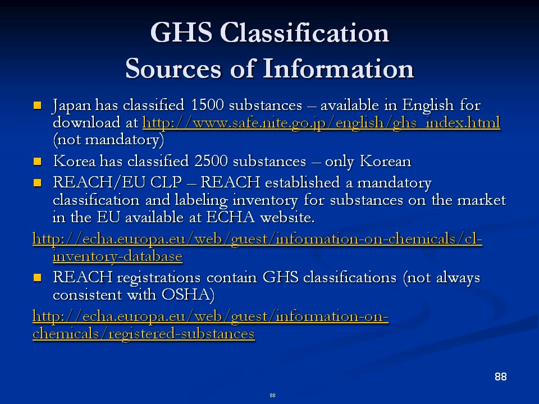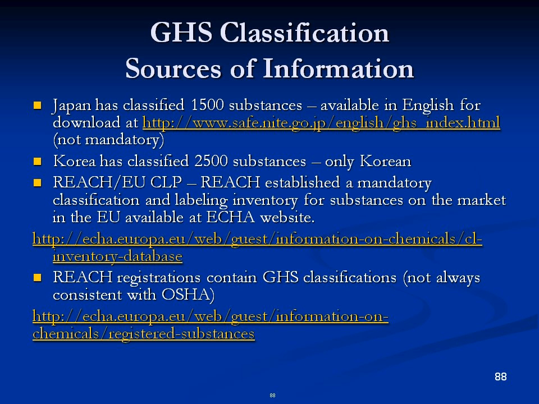They're not necessarily based on the most recent information, and there is a description of the basis for that classification, but again, I think you're going to want to take a look at those, and if you think that they don't seem quite right, I would look further. Korea has classified 2,500 substances, but that's available only by subscription and only in Korean, so you're probably not going to find that very useful at all.